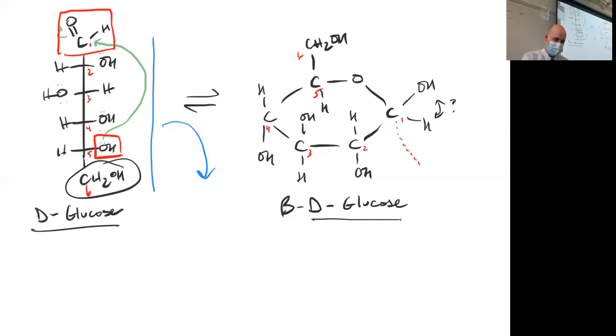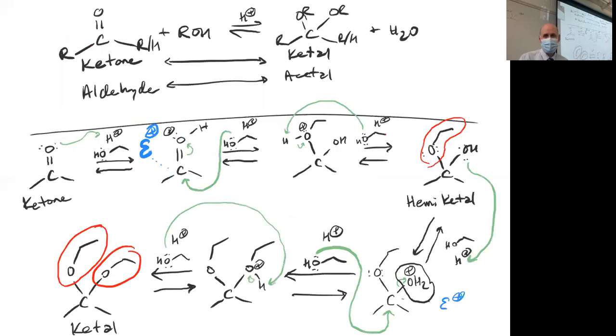Let's go backwards. So it started off as a carbonyl. A ketal or an acetal is when it's got 2 ethers on the same carbon, but that's not what we have. We have 1 ether and 1 alcohol. So we basically turned it into this thing, which in this case would be a hemiacetal.